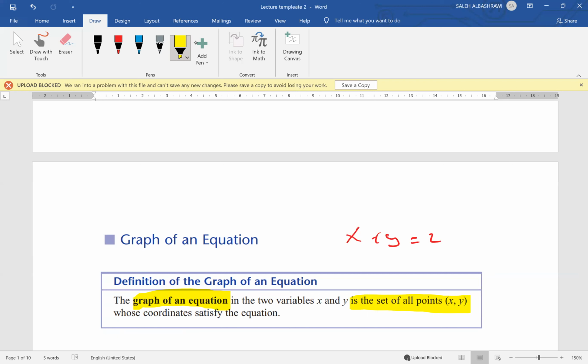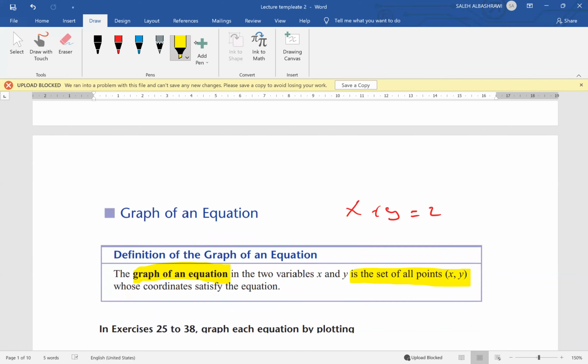So it is like we are finding the solutions of the equation. We are looking for the x and y that satisfy the equation. The set of all these ordered pairs, or all of these solutions, will give me the graph of the equation.